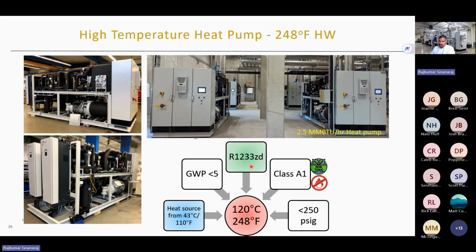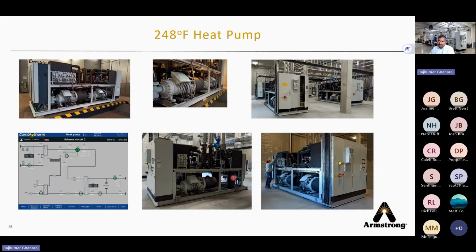This uses R1233ZD as a refrigerant in the refrigeration cycle to generate hot water up to 248 degree Fahrenheit. The only challenge is that in order to run this refrigeration cycle, we need waste heat at 110 degree Fahrenheit and above. We cannot use chilled water directly in this heat pump to generate high temperature hot water.